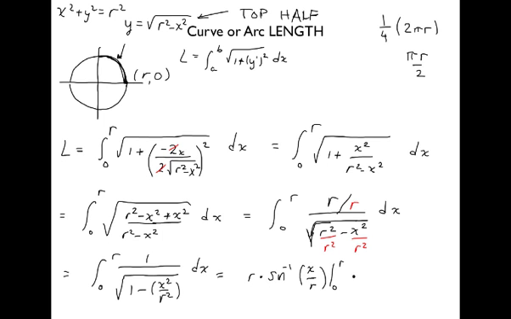So we have r times the sine inverse of 1, right? Yuck. Oh, that's okay, right? Okay, and then minus r times the sine inverse of 0.